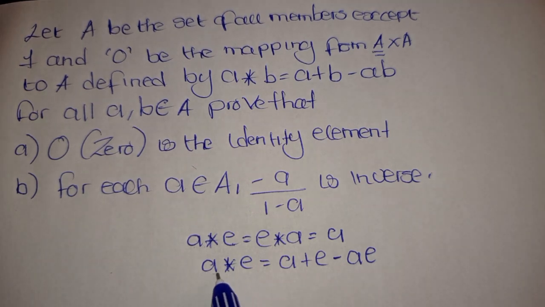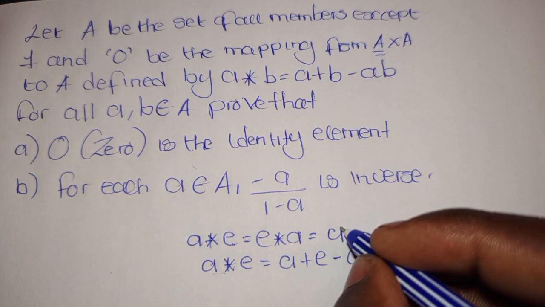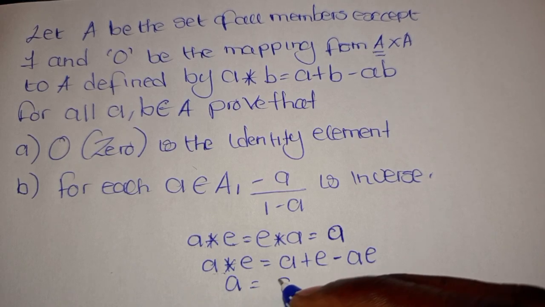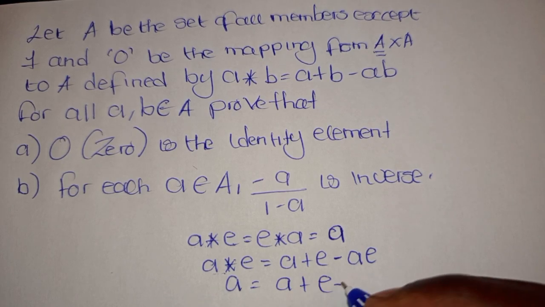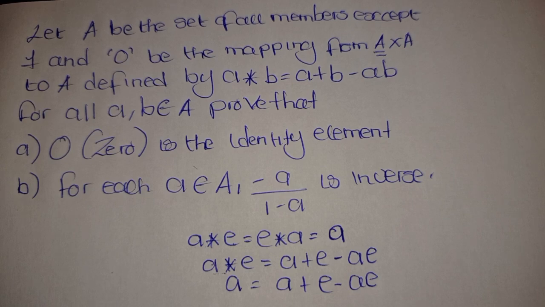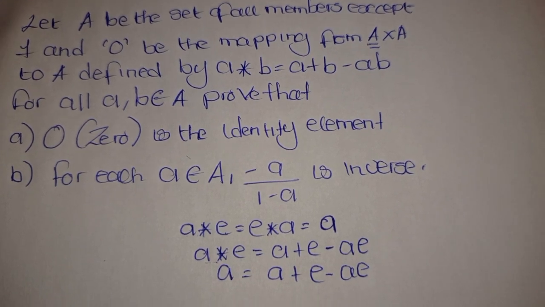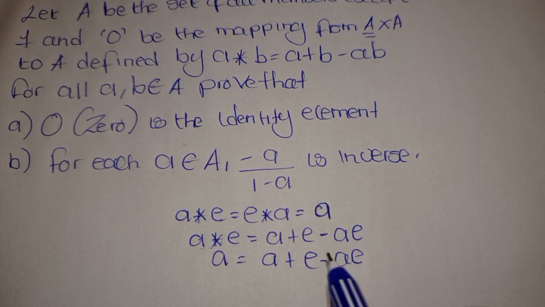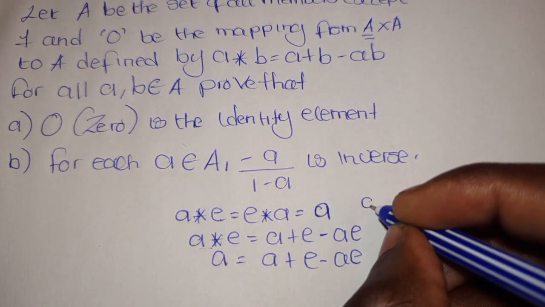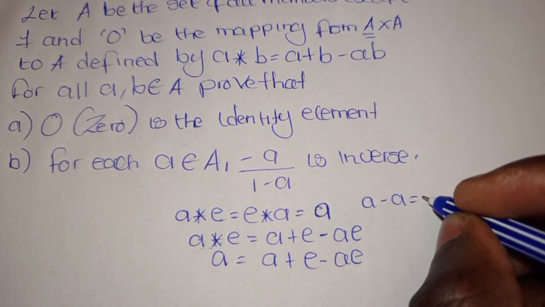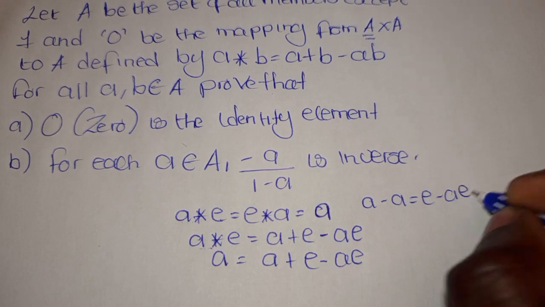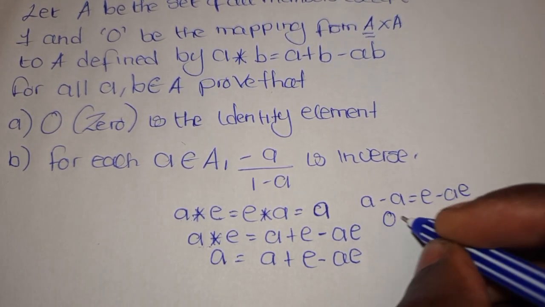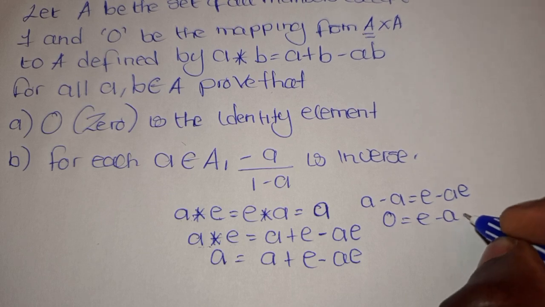So you know for sure that A star E is the same as A, where we have A equal to A plus E minus AE. So from here we can say that we have common letters where A can go to join A and you have E minus A like that. So you know for sure that A minus A is equal to 0, equal to E minus AE.